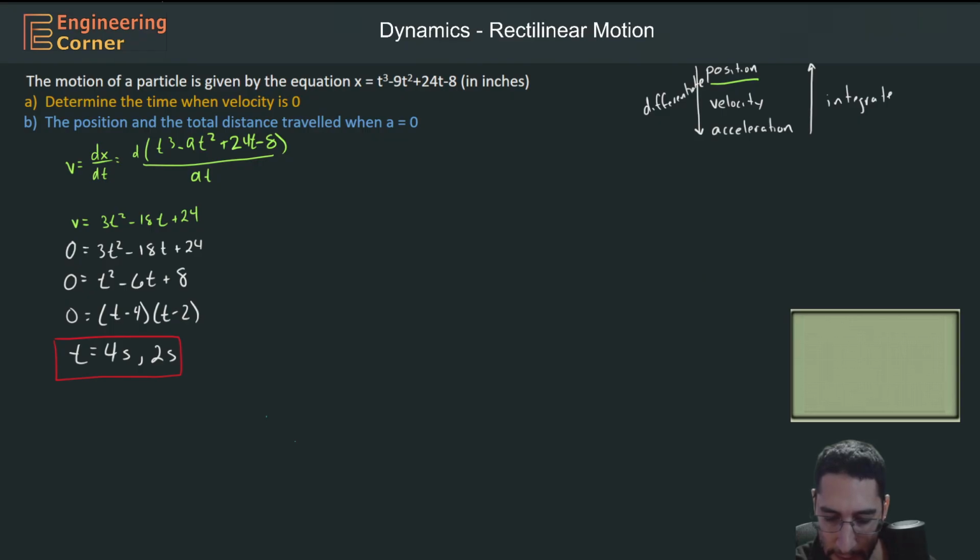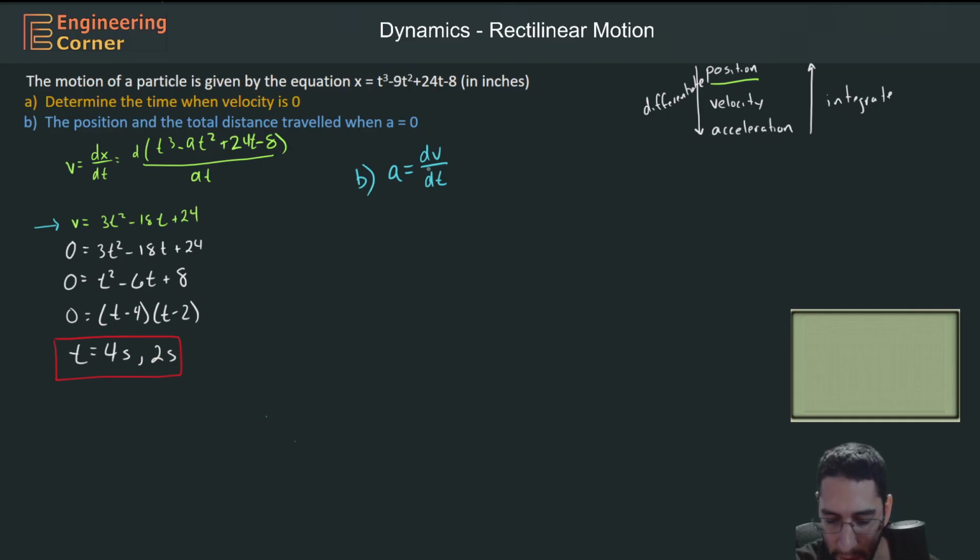So for part B, let's look at that. How do we get acceleration? Well, acceleration is the change in velocity over the change in time. We have an expression for velocity. We found that in part A: our velocity is 3t squared minus 18t plus 24.